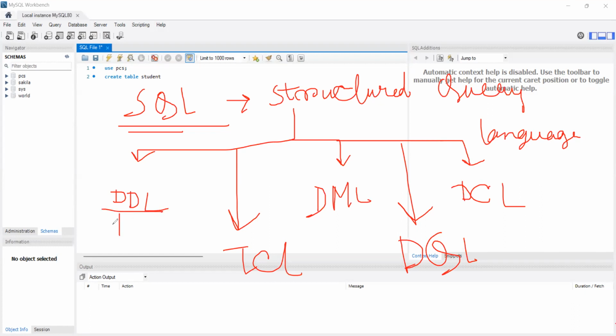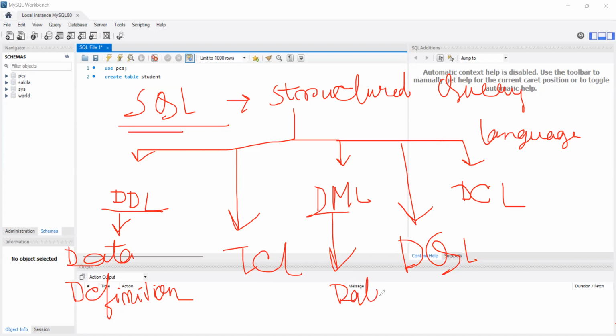What is the full form of DDL? Data definition language. I'm not writing language, just data definition. This is data manipulation.